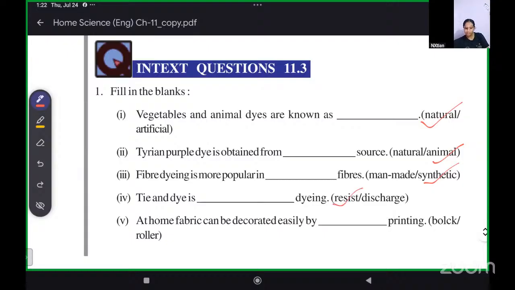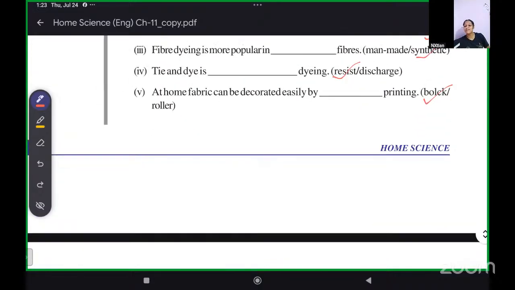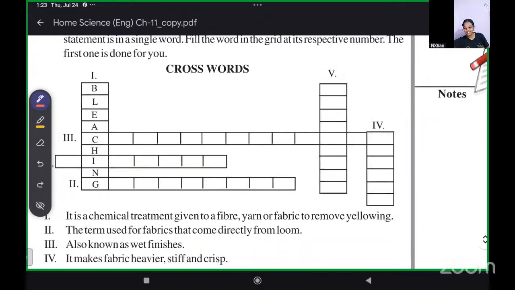At home, fabric can be decorated easily by block. Okay, this fill in the blanks has some serious issues.